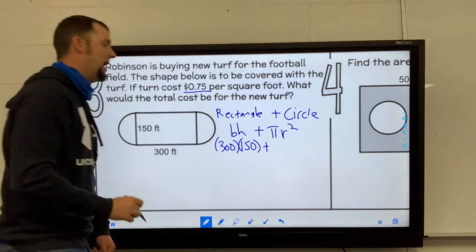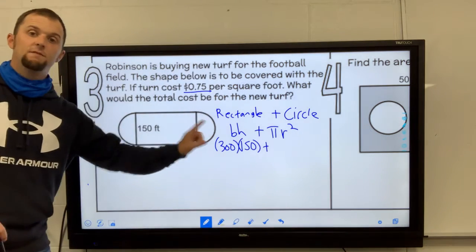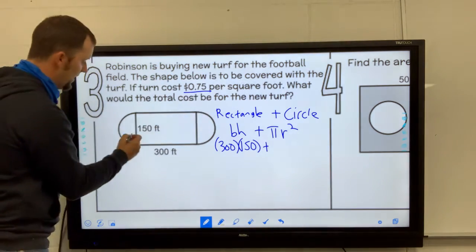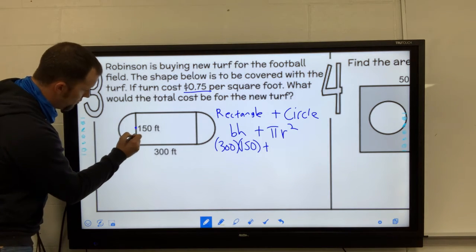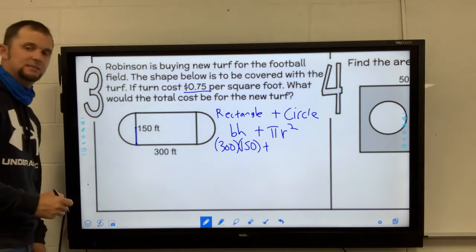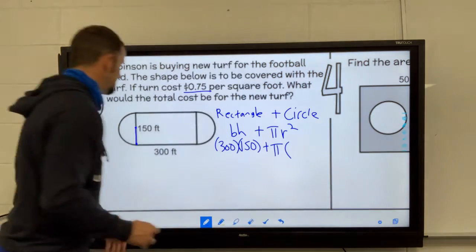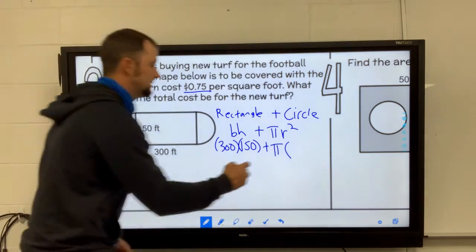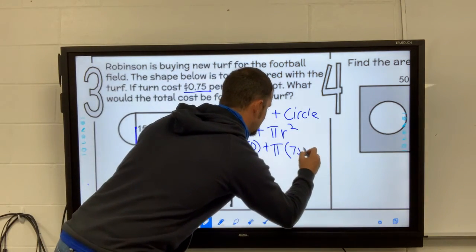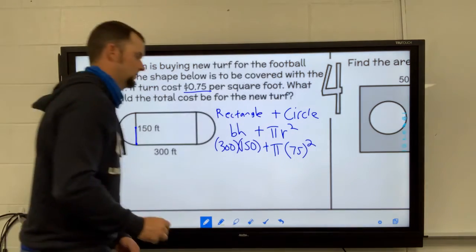And I'm going to add the radius of the circle. So I know if I combine these, the radius of my circle is going to be 1/2 the length of this side right now. So that means I'm going to do pi times half of 150 is going to give me 75, and I'm gonna square that, okay?